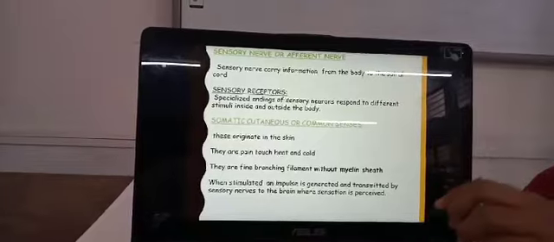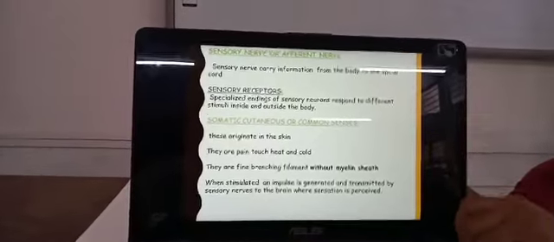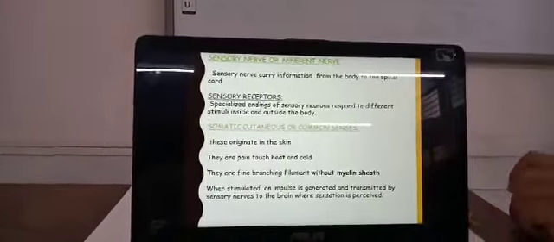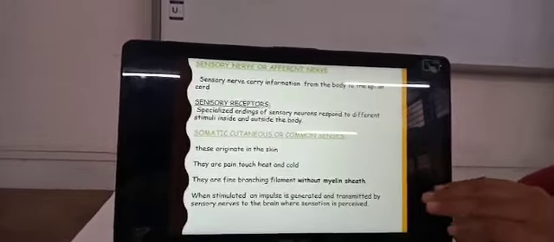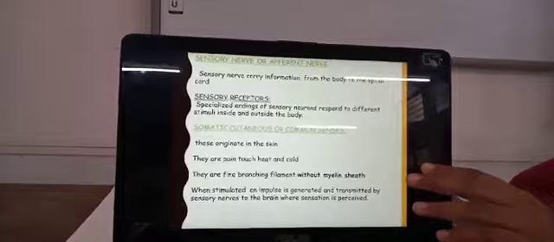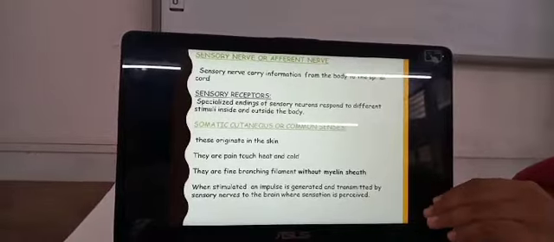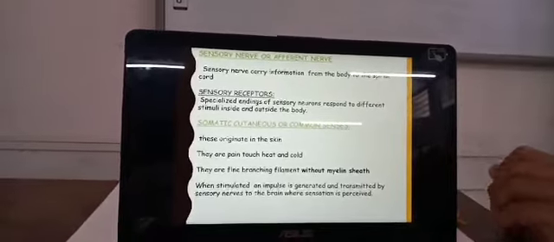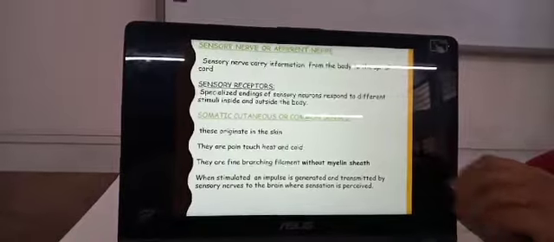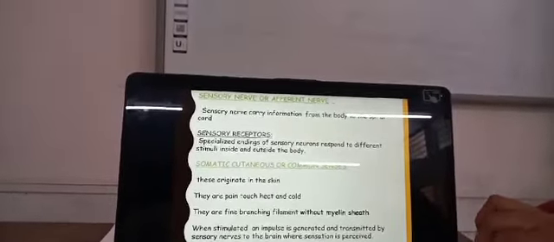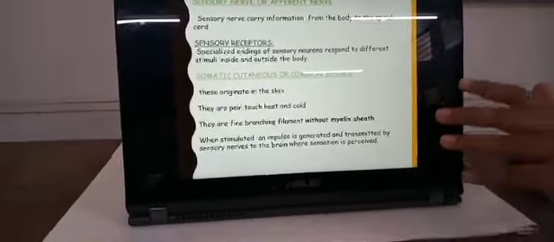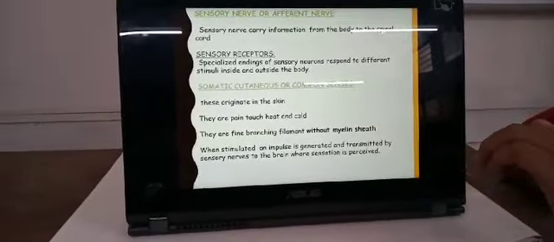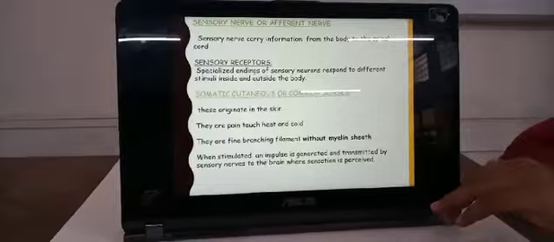These are specialized endings of sensory neurons that respond to different stimuli inside and outside the body. What do you mean by sensory receptors? They are specialized endings of sensory nerves. The sensory nerve has specialized ends which respond to different stimuli inside and outside the body.